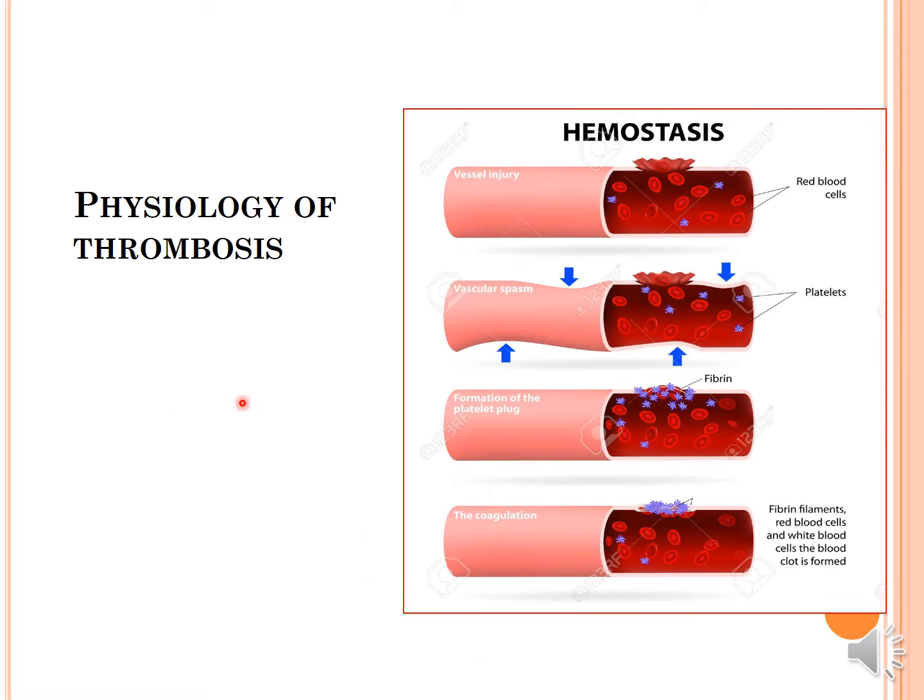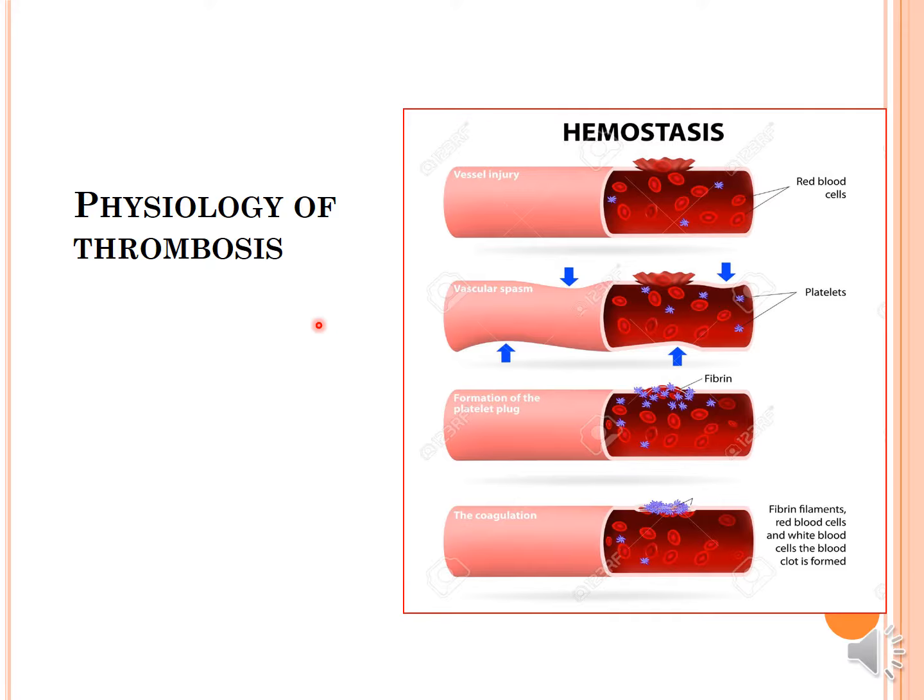Hemostasis is the natural physiological process through which the body protects itself against the adverse consequences of blood loss. This process starts whenever there is vessel injury. The vessel injury will induce certain changes, cellular as well as vascular changes, in order to prevent the excessive loss of blood through the defect.